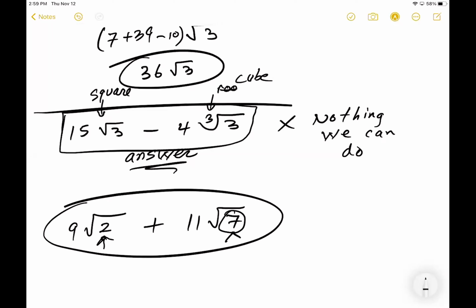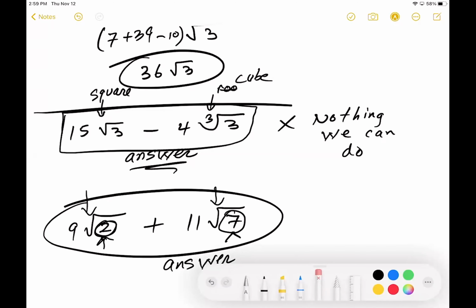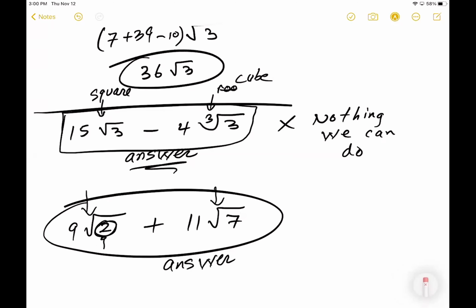I have the same square root here, but I don't have the same number inside my square root. So this will be the answer, because there's nothing I can do to change the 7 to become a 2.